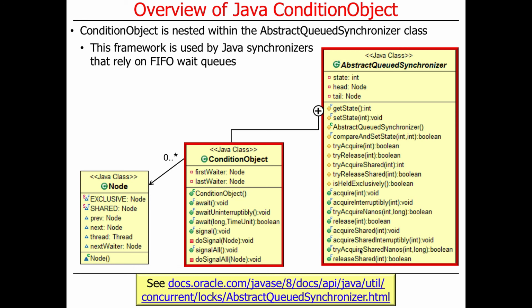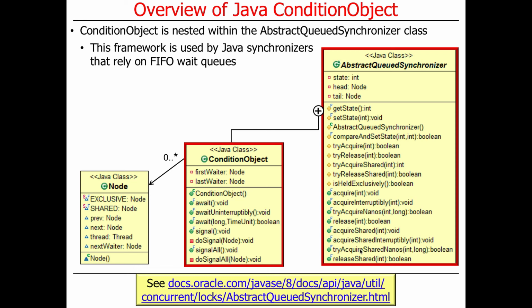And internally, from a physical implementation perspective, the condition object is actually nested within the abstract queued synchronizer class, which is kind of a weird place for it to be, but that's where it is.